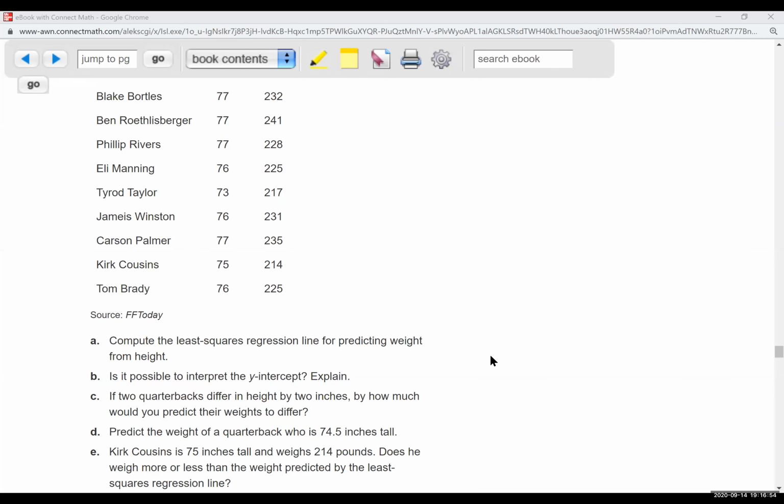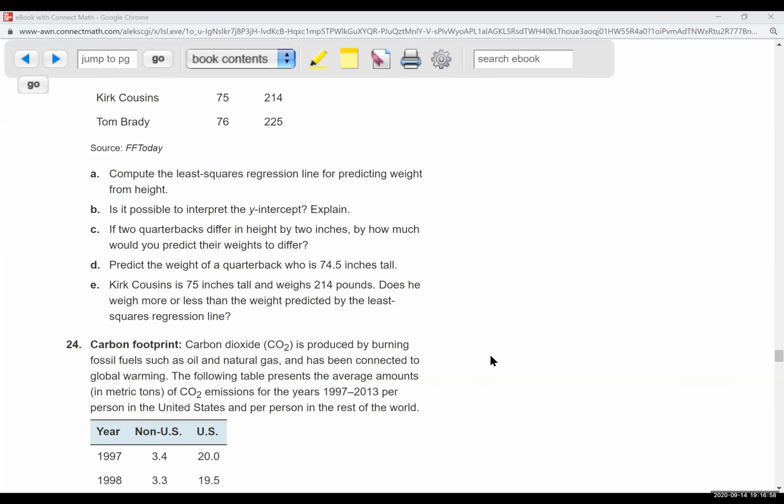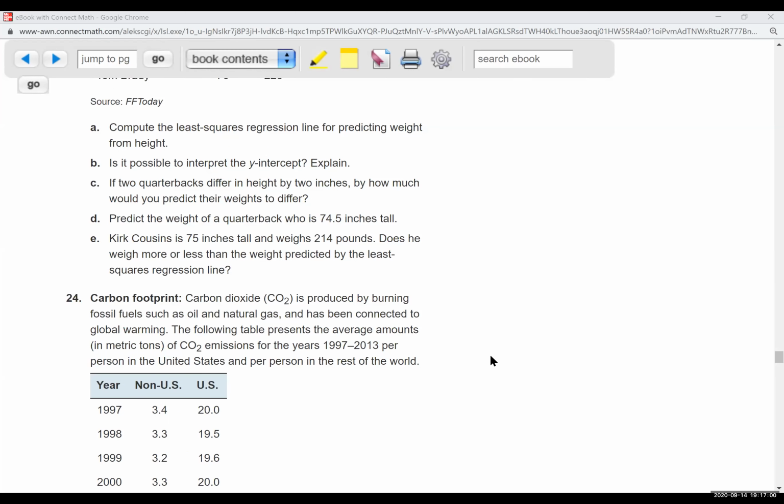Let's go back to the question and answer letter C. If two quarterbacks differ in height by 2 inches, how much would you predict the weights to differ? Remember the formula.